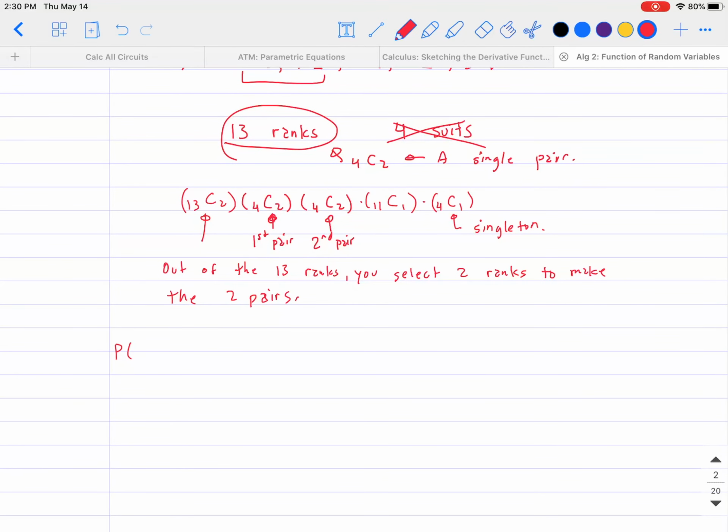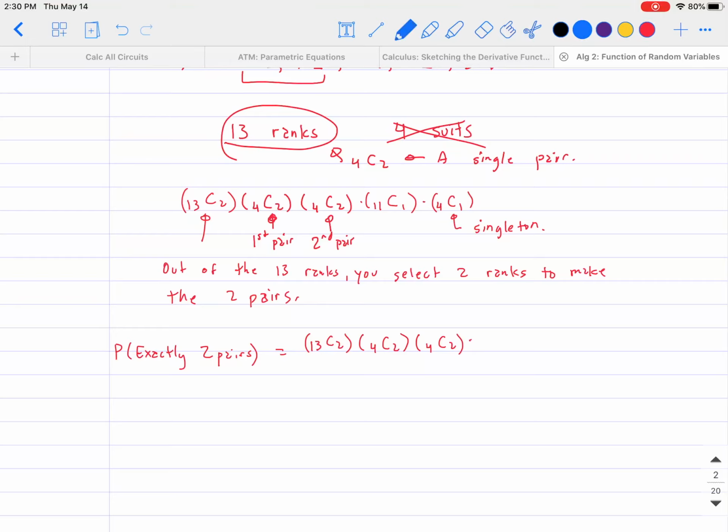So the final setup is the probability of having exactly 2 pairs. Exactly 2 pairs is going to be equal to 13C2, because out of the 13 ranks, you're going to select 2 of them. And then in each rank, you're going to select 2 cards, and you're going to do this twice because we need to create 2 pairs. So 4C2 times 4C2.